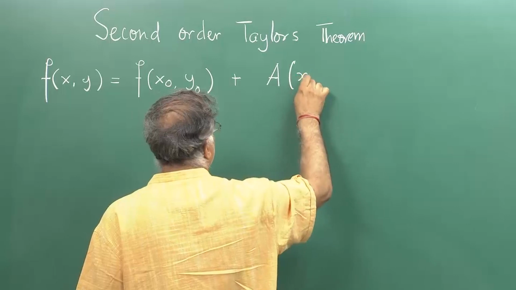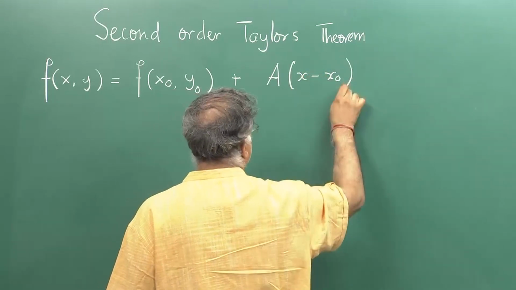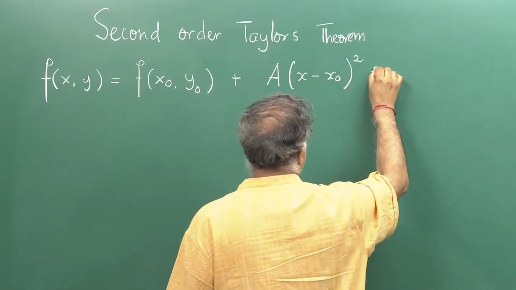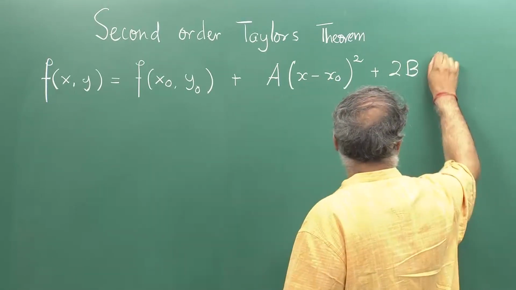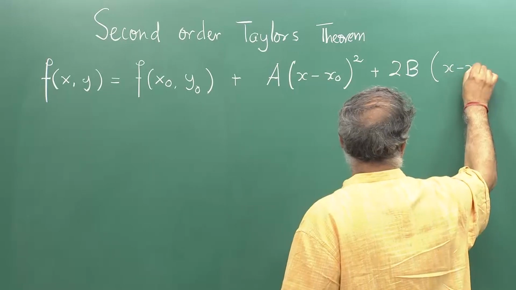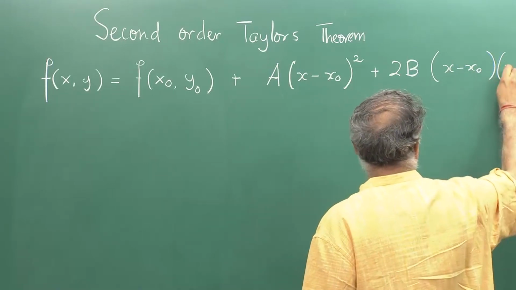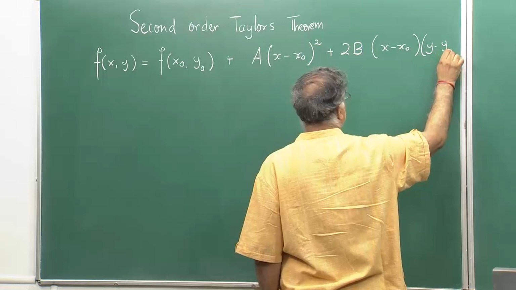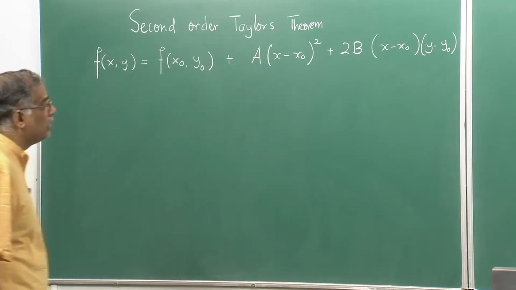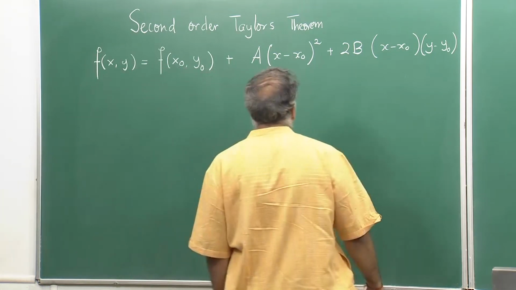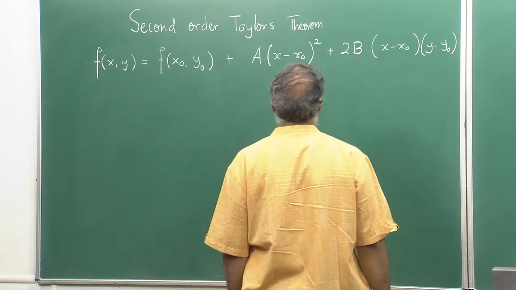Now, the second order term we can write like this, and we will write down what A and B are as we go on, because these terms will become important. Of course, a lot can be done in terms of inner product, but we will not get into such details at this moment.